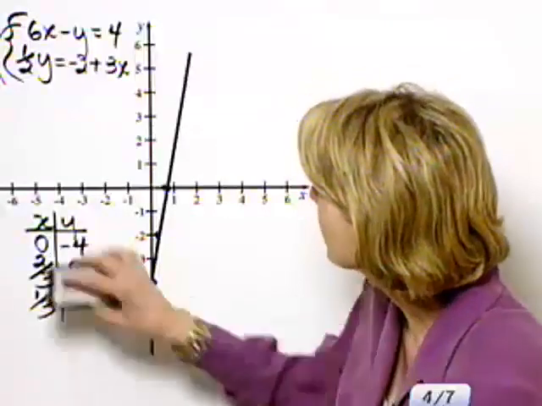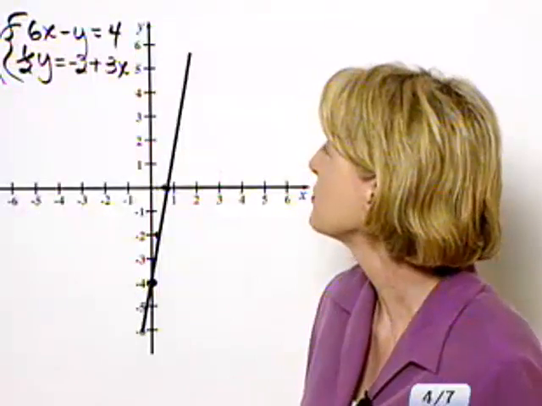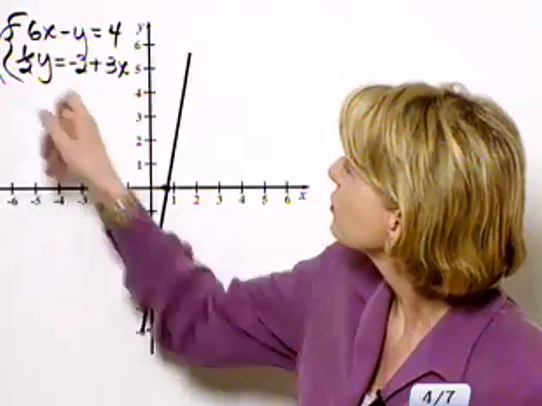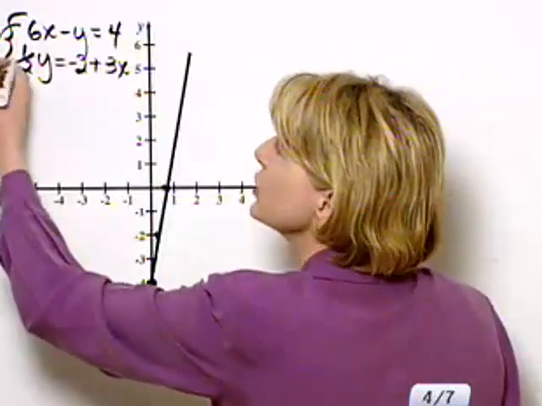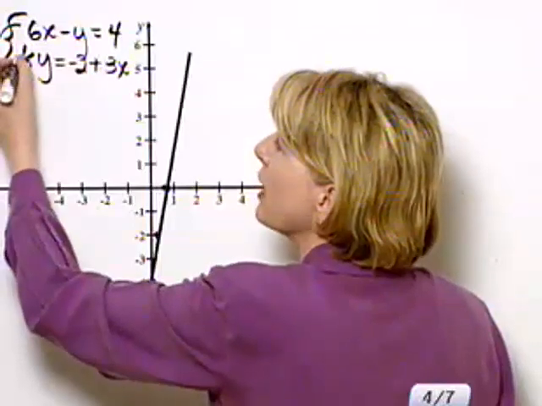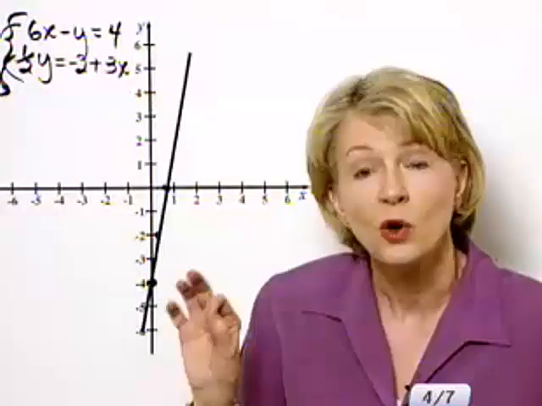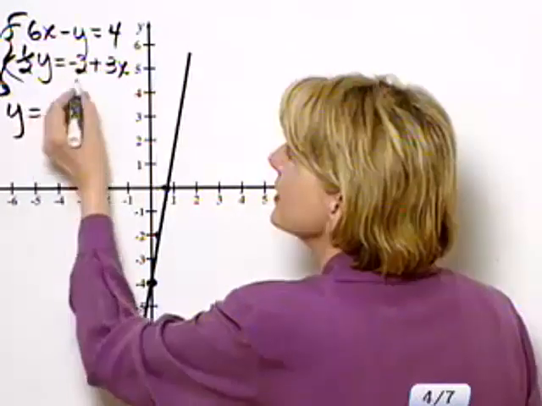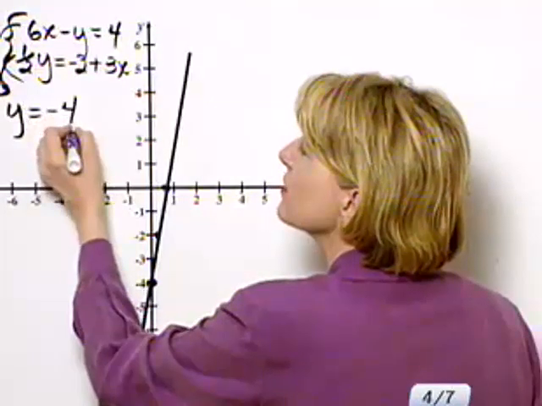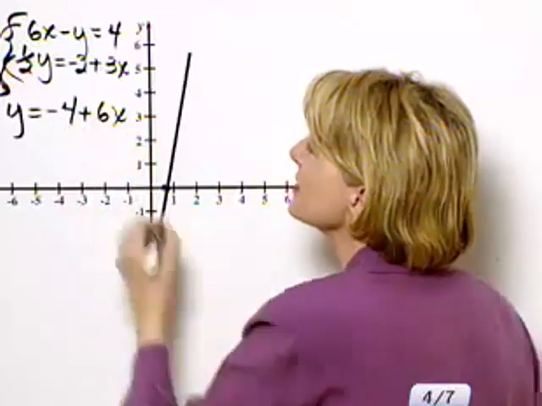Now let's graph our other equation. It's really up to you. If you do not like to work with fractions, in 1/2 y equals negative 2 plus 3x, you can multiply through by 2. If I multiply through by 2, 1/2 times 2 is 1y, or simply y. Negative 2 times 2 is negative 4, plus 3x times 2 is 6x.